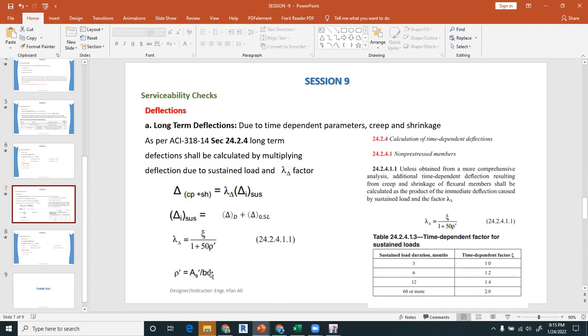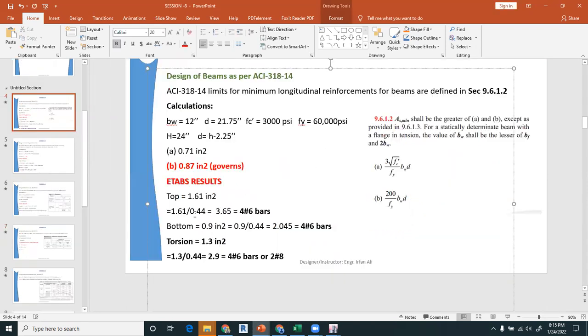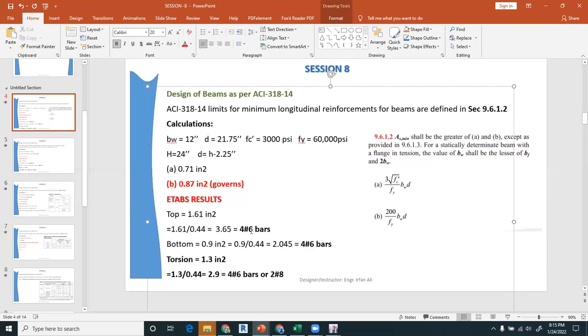The next one is the reinforcement ratio that we have designed in our beam. So let us go to the beam. This is our beam. We have used 4 number 6 bars at the top of the beam.